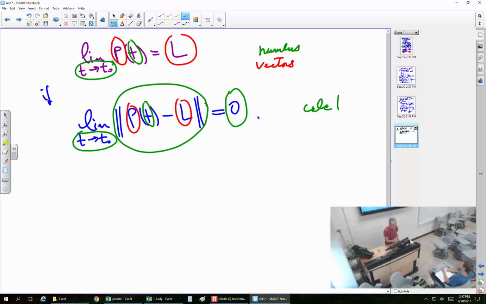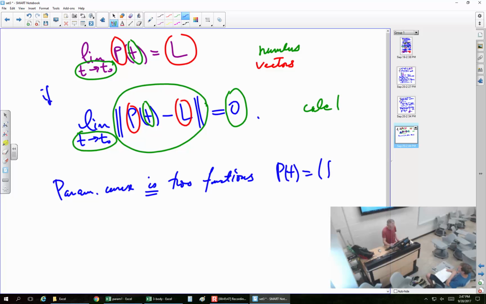First of all, a parametric curve is two functions of one variable from calculus 1, so real-valued functions of a real variable. P(t) is once again the pair f(t), g(t). It looks more complicated because there are two functions, but conversely it is not too hard.